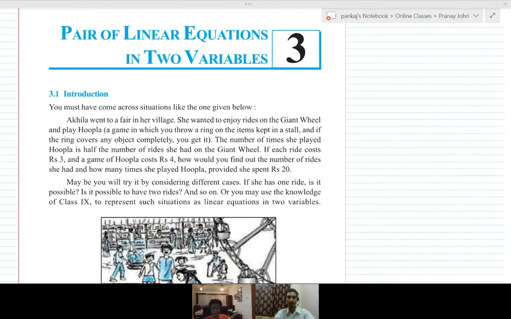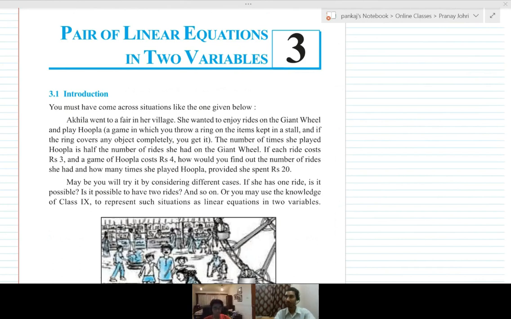So linear, what is linear then? Linear equation. Can you tell word by word what is linear, what is equation? A linear highest degree is one, and the equation comprises of variables, constants, and arithmetic symbols.